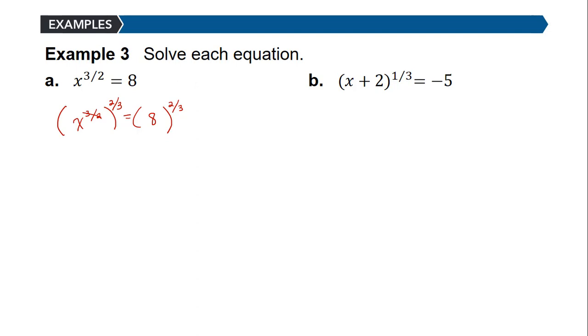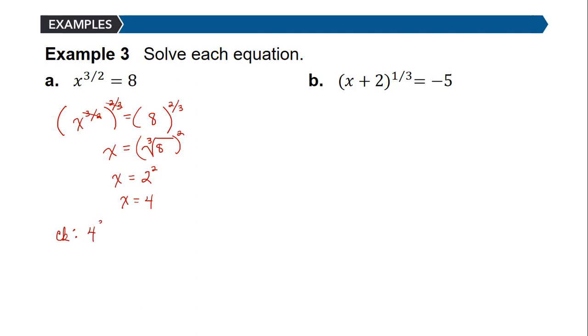The 3/2 times 2/3 is 1, so that just gives us x. 8 to the 2/3 means to find the cube root of 8 and then square it. The cube root of 8 is 2, and 2 squared is 4. So we can check.